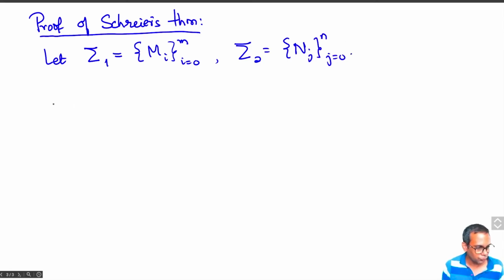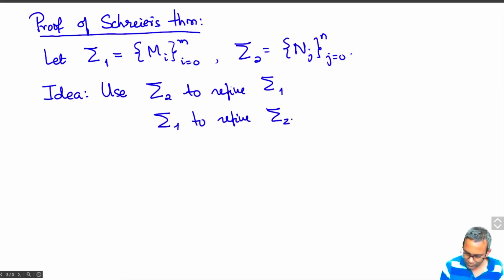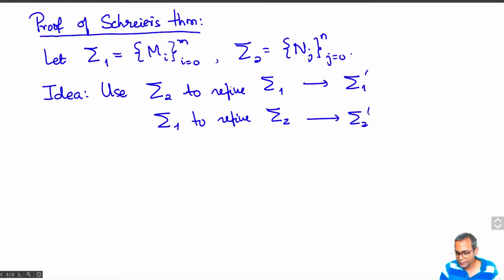Now the idea behind the proof is: use sigma 2 to refine sigma 1 and use sigma 1 to refine sigma 2. So these will give rise to refinements sigma 1 prime and sigma 2 prime, and we will show that these refinements are actually equivalent. So how do we do this?